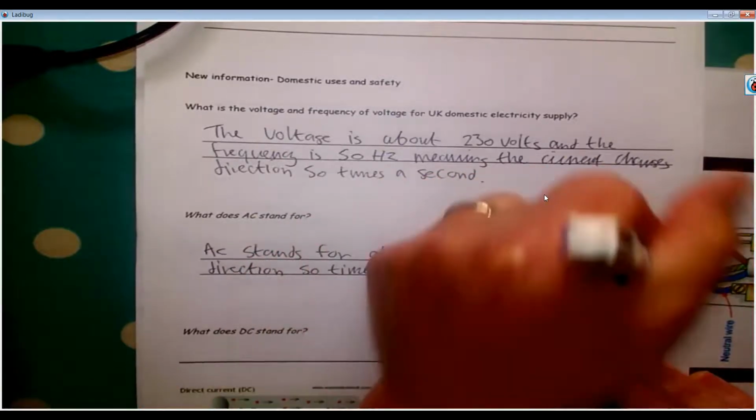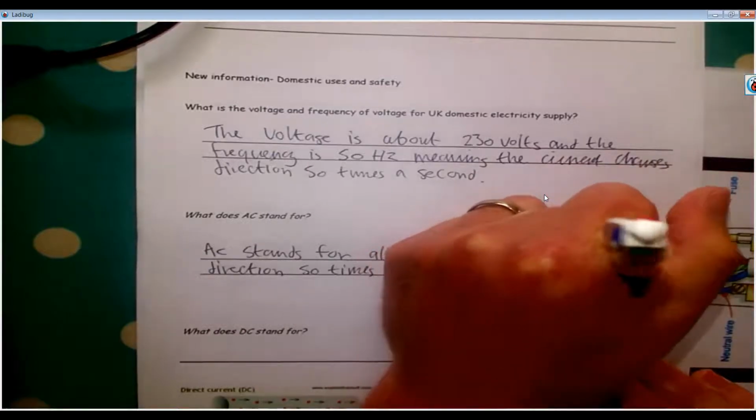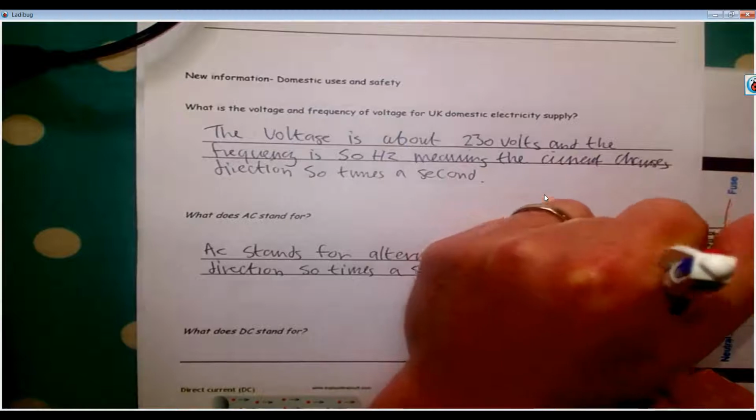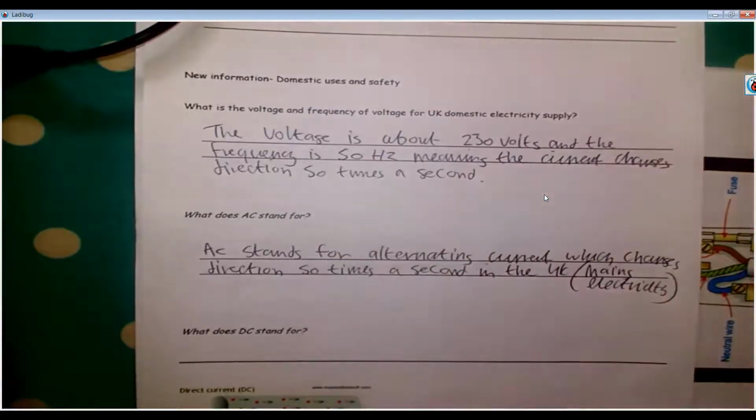And that's known as mains electricity. So anytime you plug anything in, you're getting that out of the plug socket at a frequency of 50 hertz and a voltage of 230 volts.